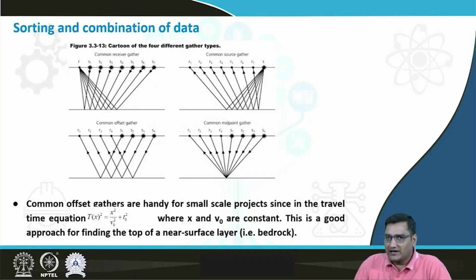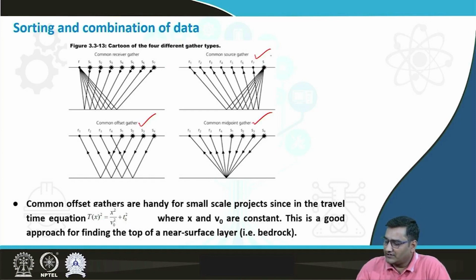These are some of the gathers that can be used to sample the interface, or you can say the reflector. One is the common receiver gather, another is the common source gather, third is the common offset gather, and fourth is the common midpoint gather. In the common receiver gather, there is one receiver and there are multiple sources.